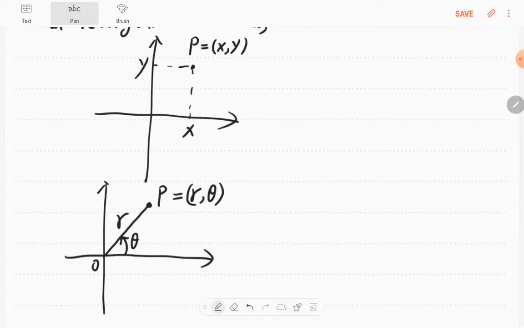This is called the polar coordinate system. We can use the distance between P and the origin and the rotated theta to denote the point P.